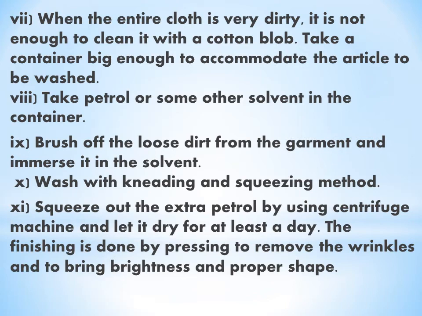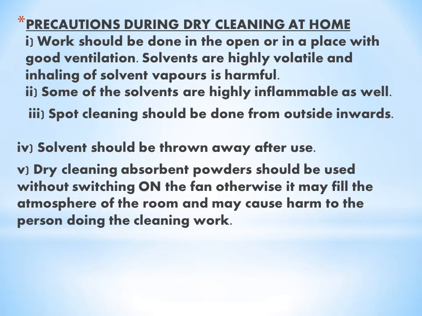Take petrol or some other solvent in the container, brush off the loose dirt from the garment and immerse it in the solvent. Wash with kneading and squeezing method. Squeeze out the extra petrol by using a centrifuge machine and let it dry for at least a day. The finishing is done by pressing to remove the wrinkles and to bring brightness and proper shape.